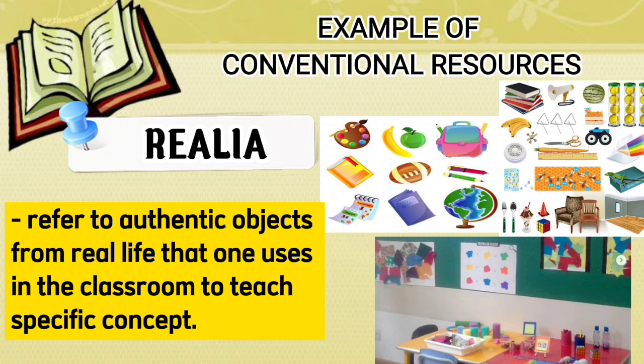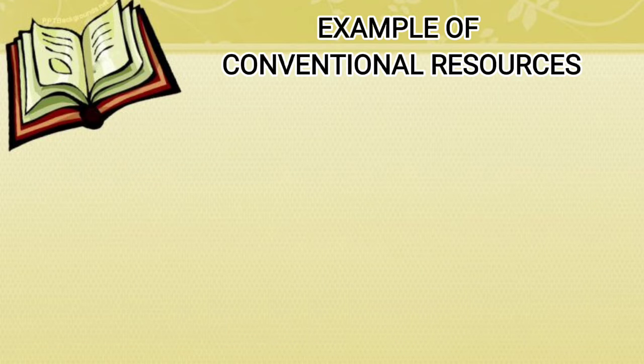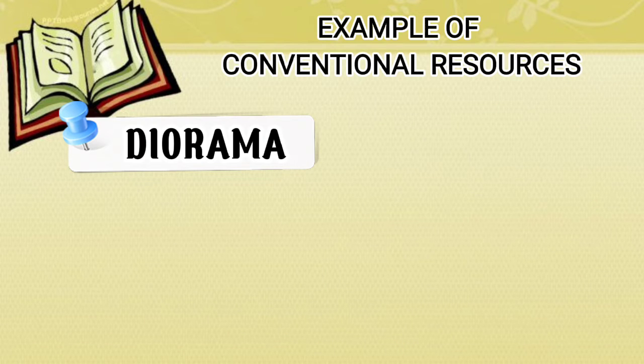So, it means that realia can incorporate what's already in your classroom such as desk, chair, or poster, or it can be something you brought from outside class like a collection of colorful brochures, stuffed animals, tickets, or souvenirs you got while traveling. Next is diorama.